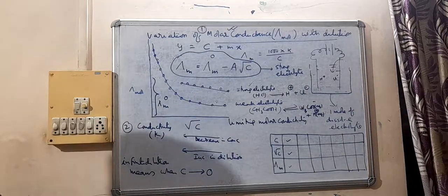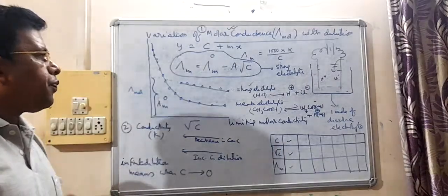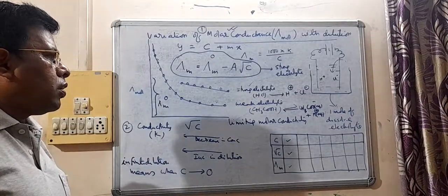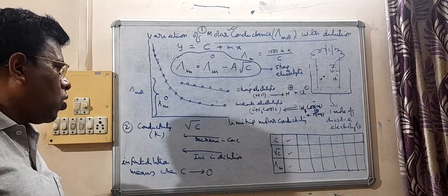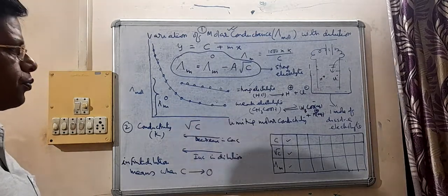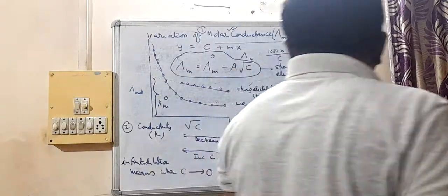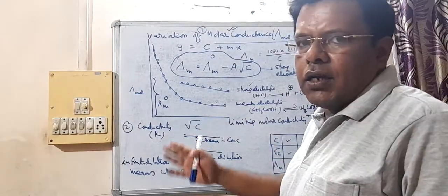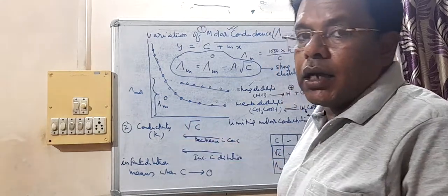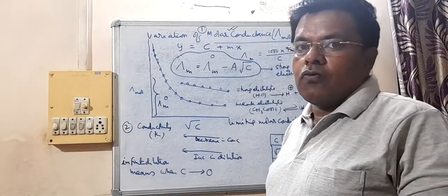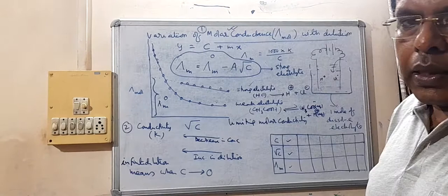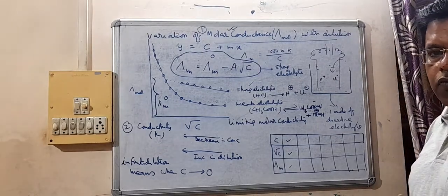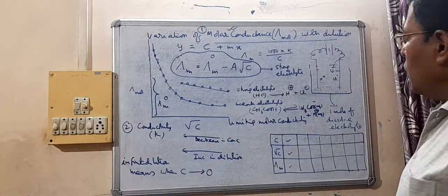How does conductivity vary with dilution or with concentration? First, you already know conductivity was defined as the conductance of a unit volume of the solution.